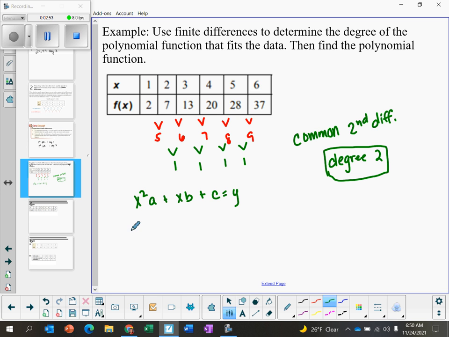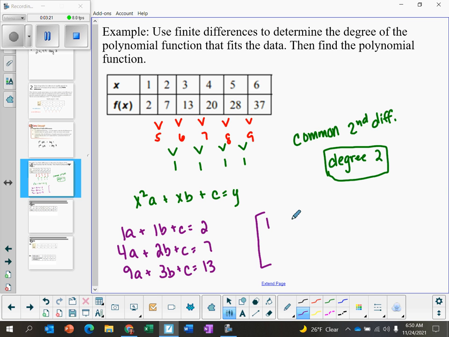So that would be 1 squared or 1a plus 1b plus c equals 2. 2 squared or 4a plus 2b plus c equals 7. And 3 squared or 9a plus 3b plus c equals 13. So turning this into a matrix: 1, 1, 1, 2; 4, 2, 1, 7; and 9, 3, 1, 13.